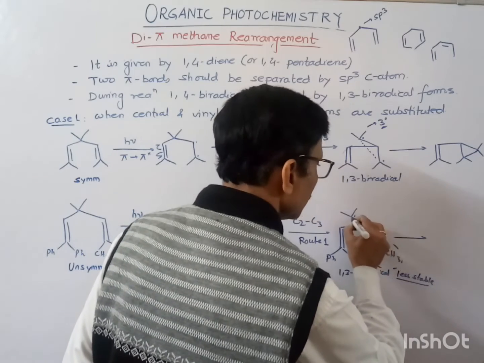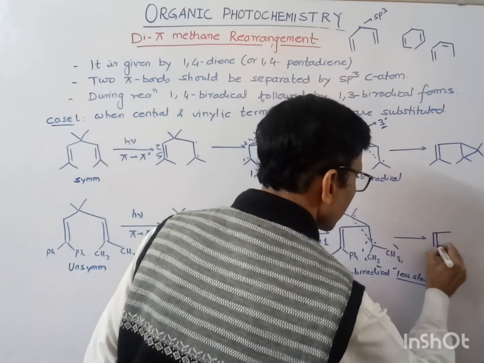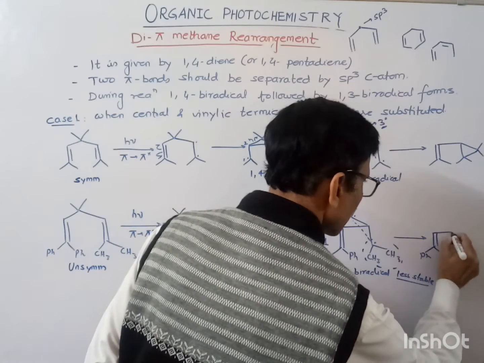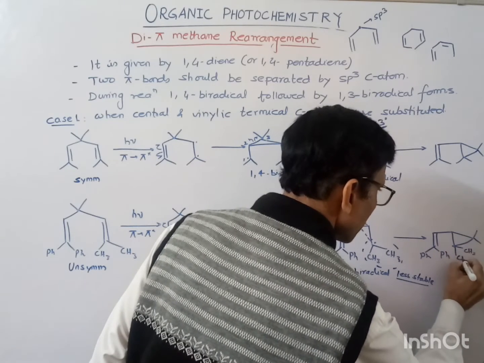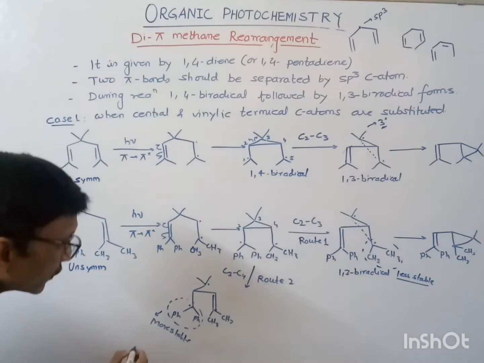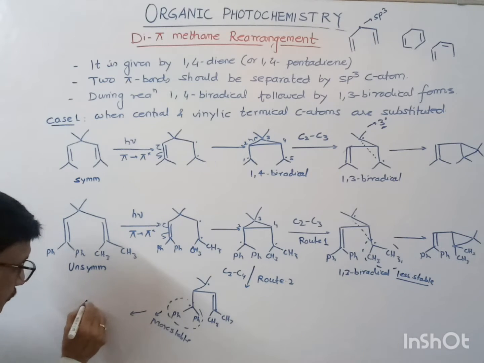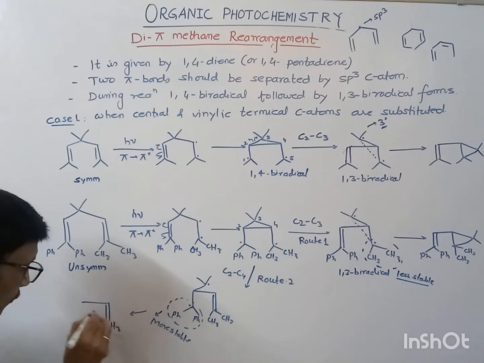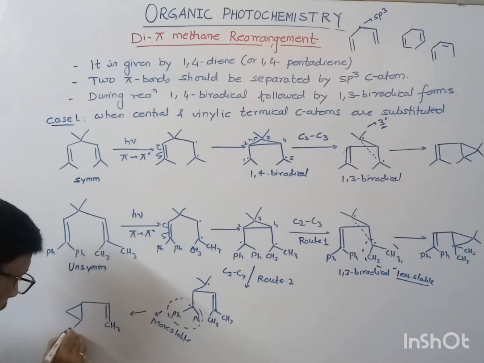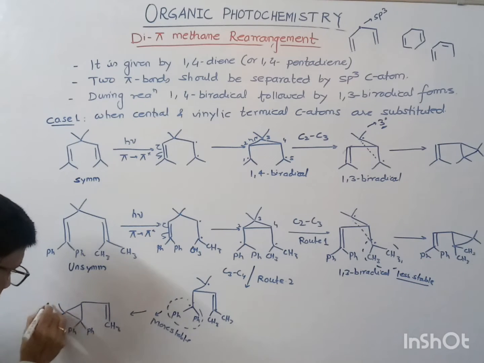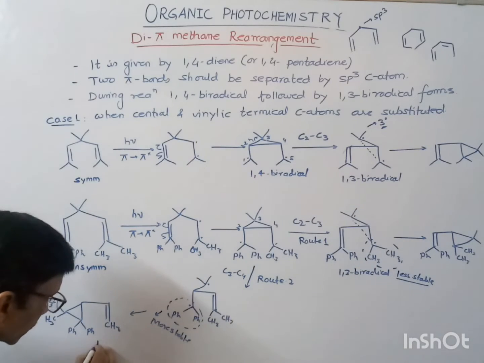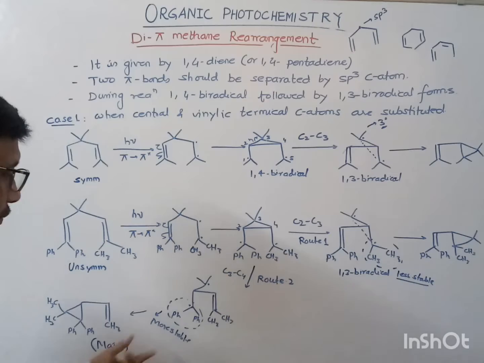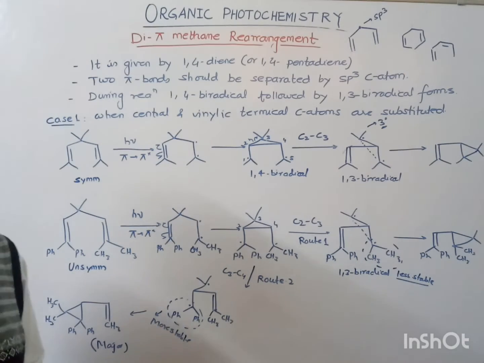Otherwise we may join this one, and the product that is formed here you will get is the minor product, and this would be the major product, which forms via the formation of this more stable radical.